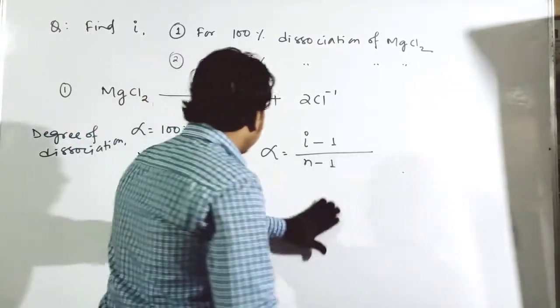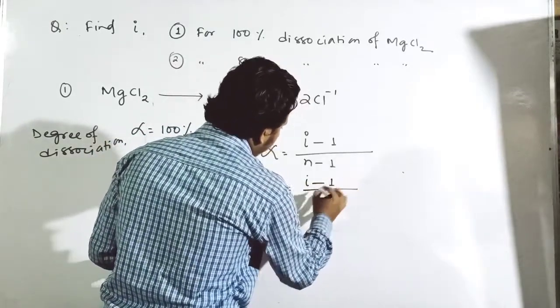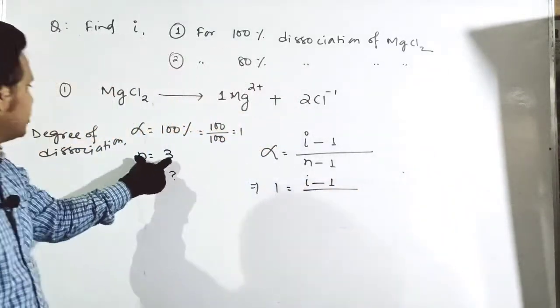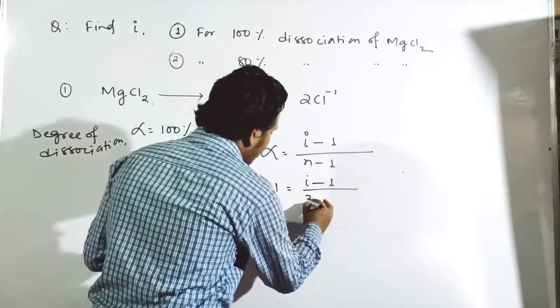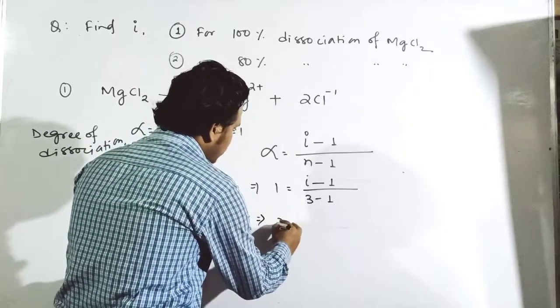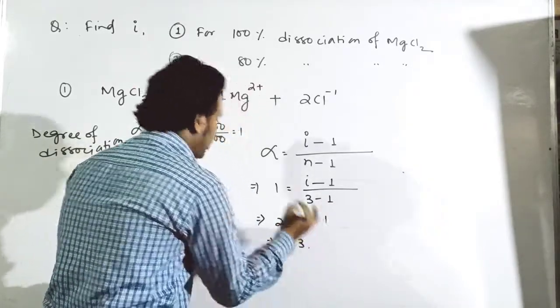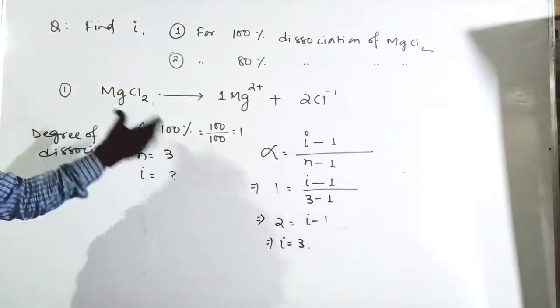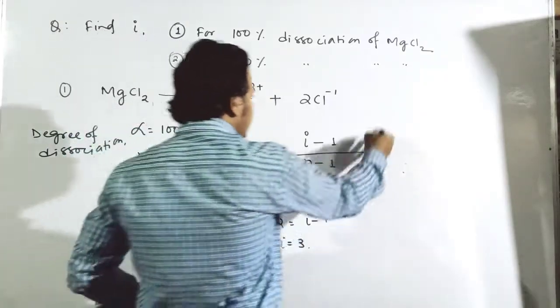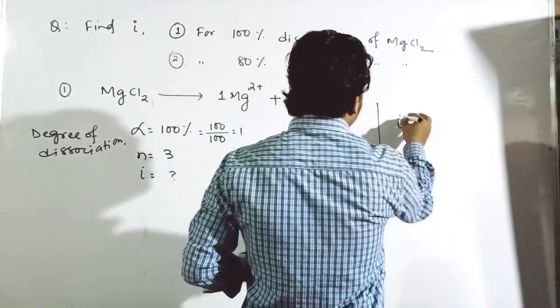So alpha is 1. I we have to calculate, minus 1. And how many ions are there? 3. So 3 minus 1, 2. Here 2 equal to I minus 1. What is I? I is 3. So if we find normally as we have calculated previously, what will be the I?